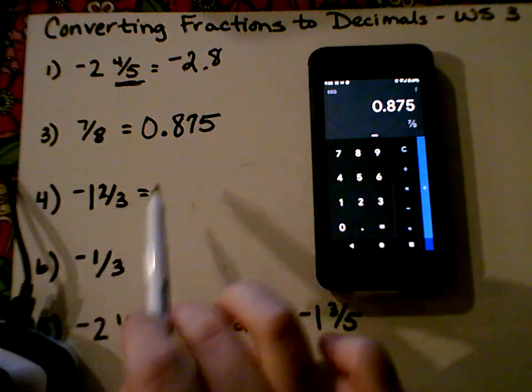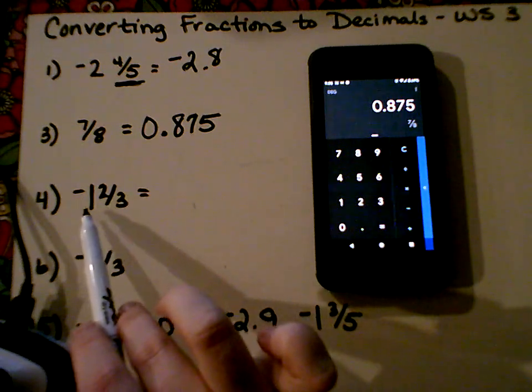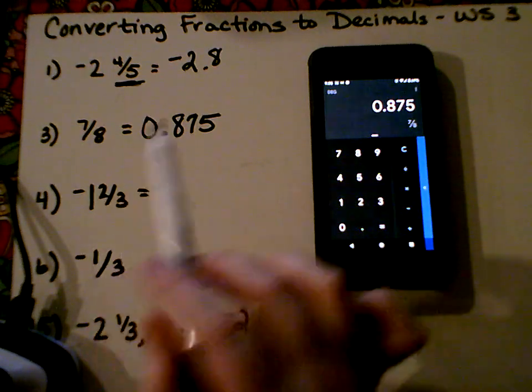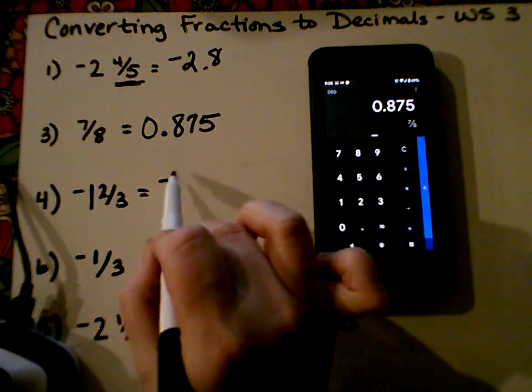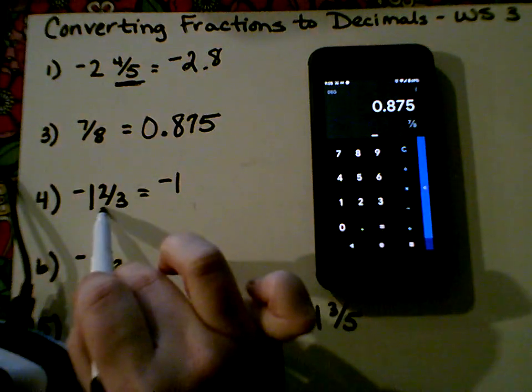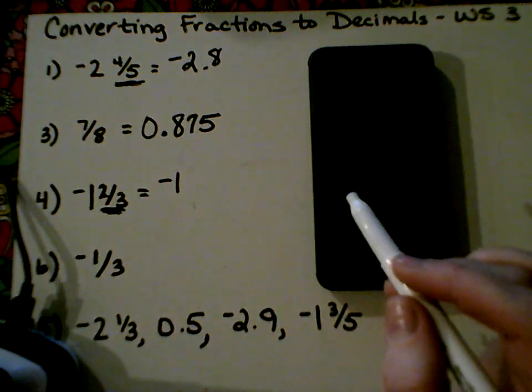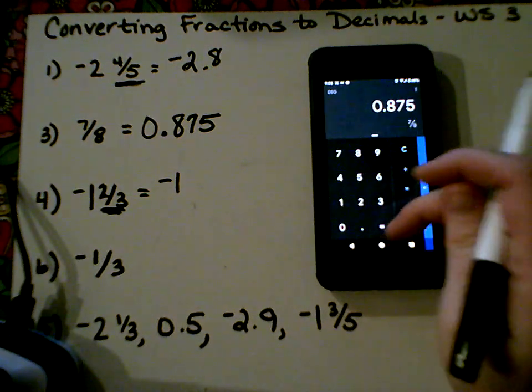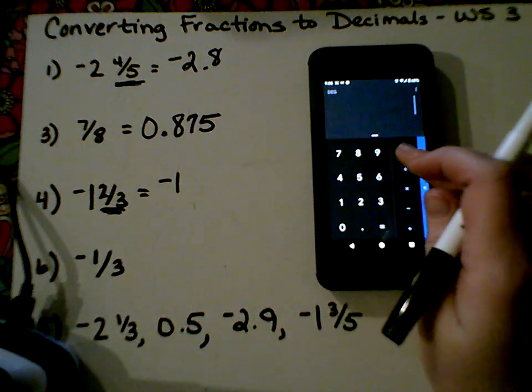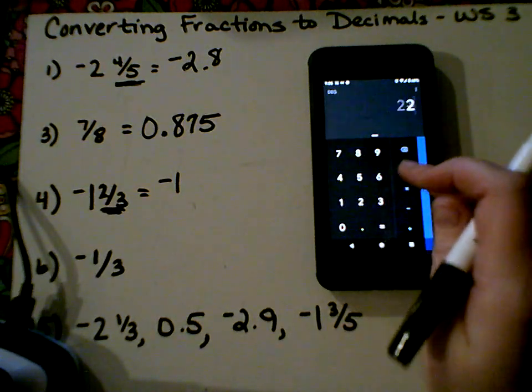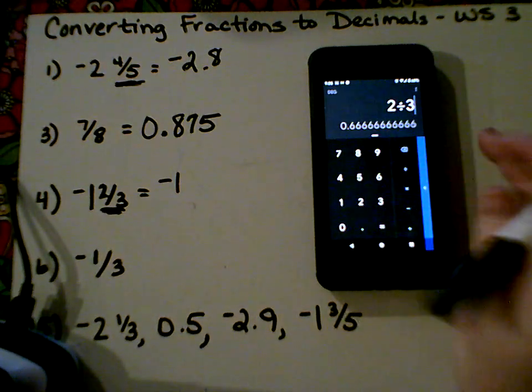Number 4, a mixed number. It's -1 and 2/3. So I have to bring my -1 over and convert the 2/3. This is a good one to memorize, okay? We have worked on this one now a couple days in a row. 2 divided by 3 is 0.66666666.